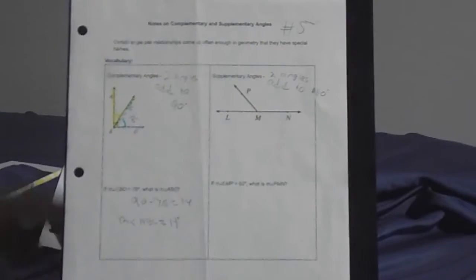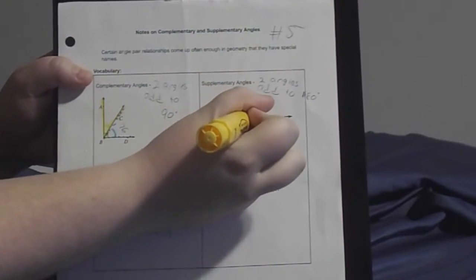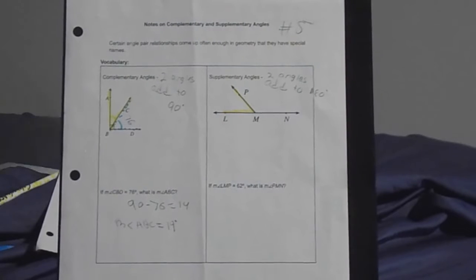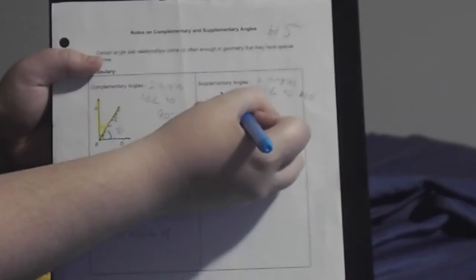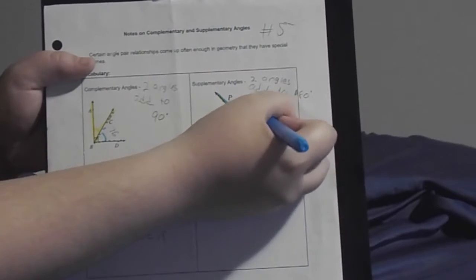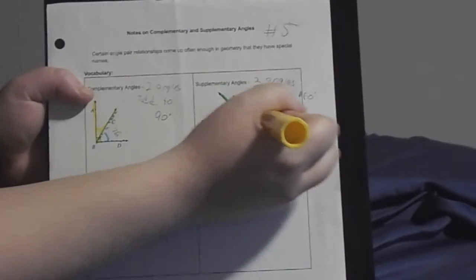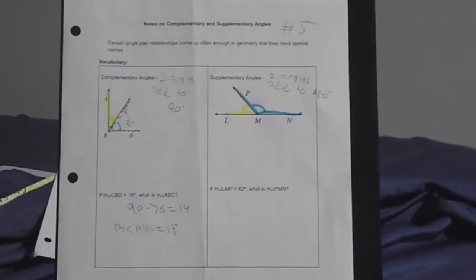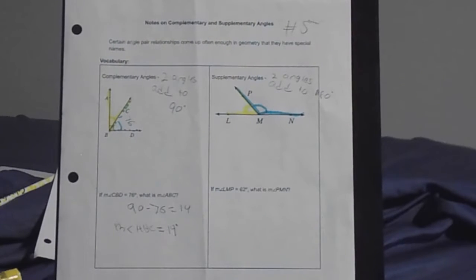So this one here, angle LMP, with this other angle here, angle PMN, when you put them next to each other, you can see they make this 180 degrees, which is a straight line, right?